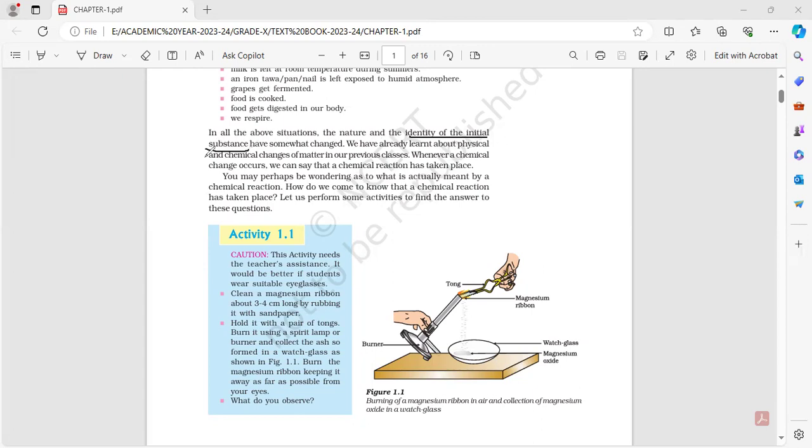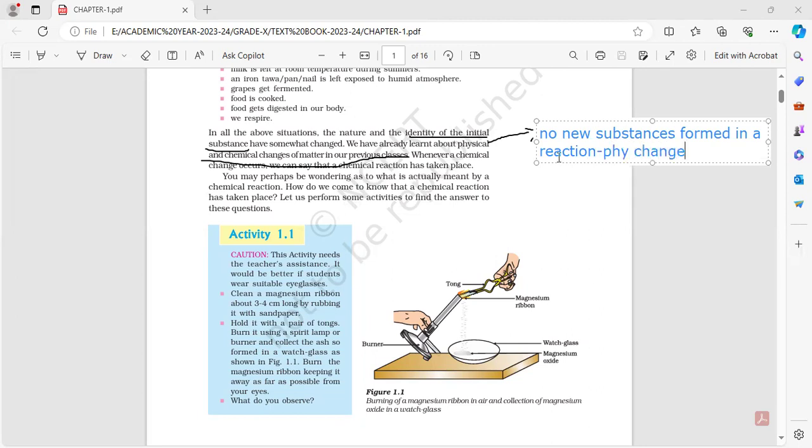Now we have already learned about physical and chemical changes of matter in our previous classes. So what is a physical change? In any change, if no new substances are formed in a reaction, that is an example of a physical change.